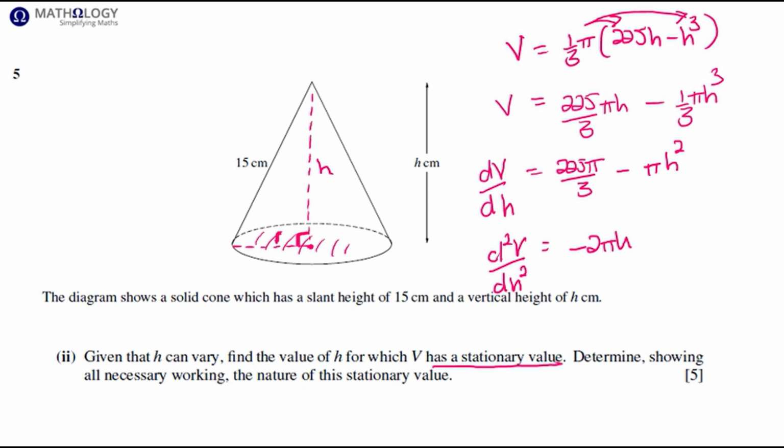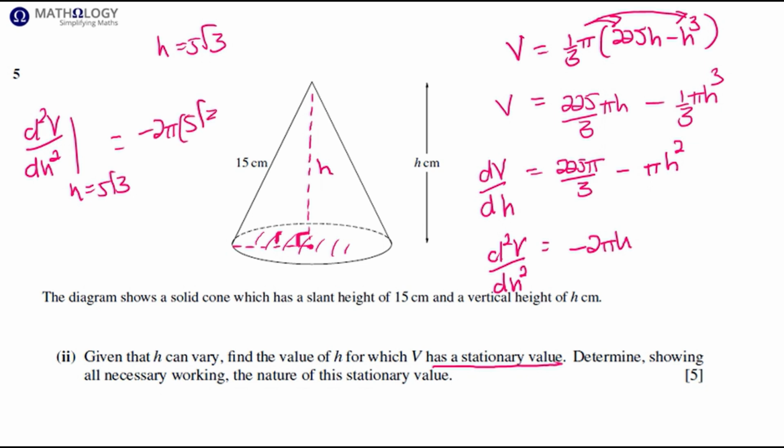And we want to know what the nature of the stationary value is. h is 5 root 3, so the second derivative when h equals 5 root 3 will be minus 2 pi times 5 root 3. We don't care what the value is, it would be negative. And that implies that we have a maximum stationary point because the second derivative is less than 0.